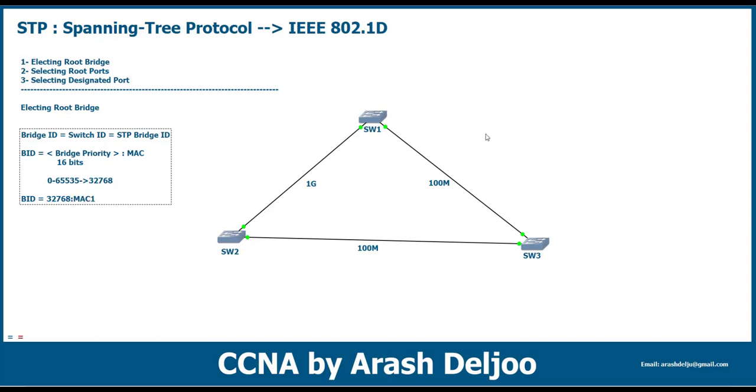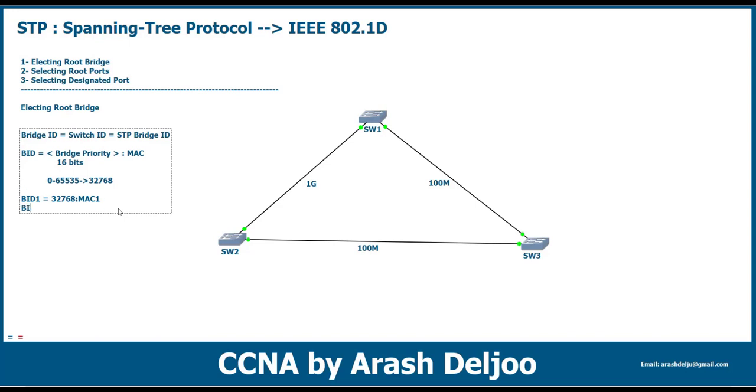In each switch, we have one MAC address for protocols, for example for STP or some other protocols. You know that the MAC address is unique, because of that the bridge ID is unique. This is the bridge ID of switch 1, and we also call it BID1. BID1 means the bridge ID of switch 1.